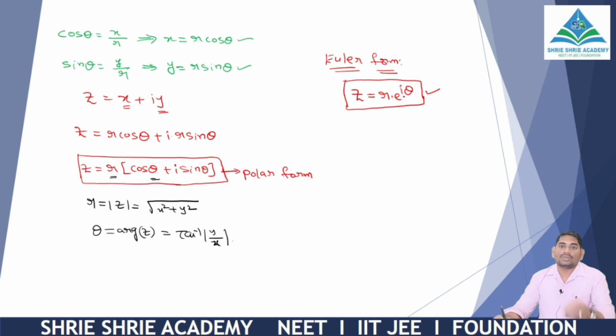Here also r represents the modulus of z, which is equal to root over x square plus y square, and theta is the argument of z.